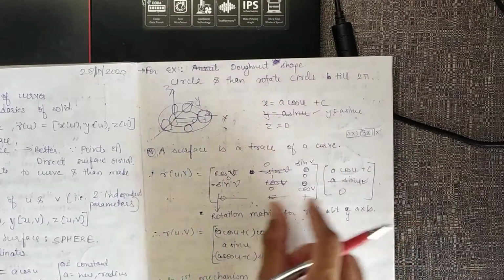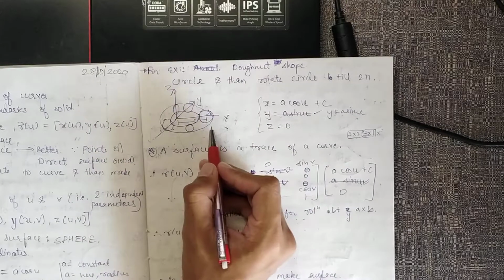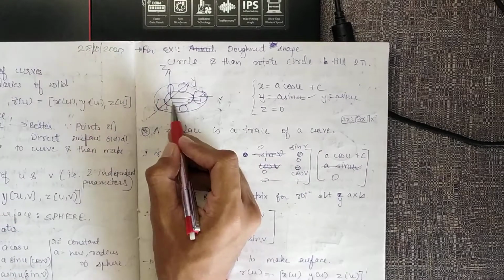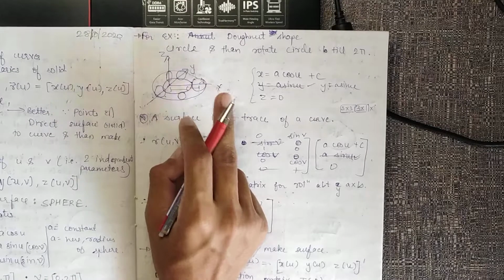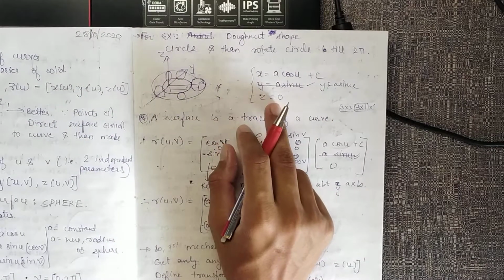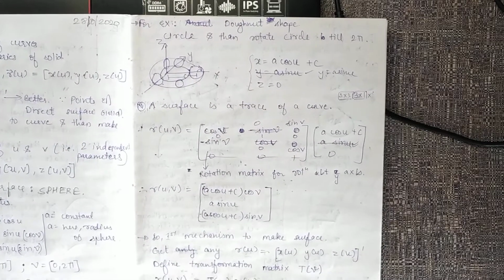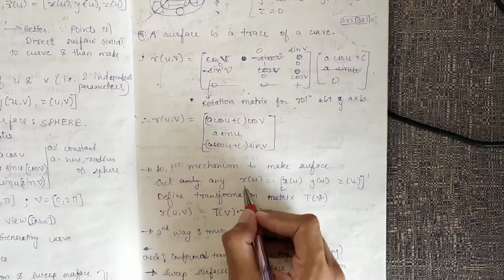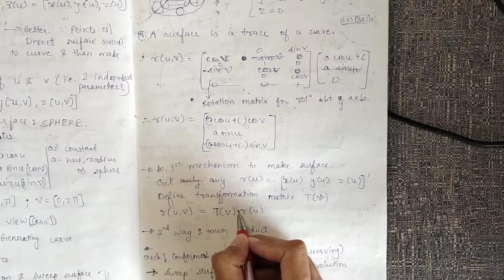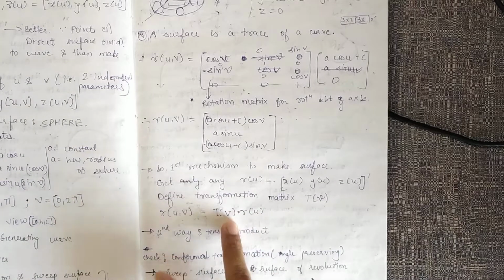So this is a simple circle on x axis at a distance of c from the origin. This is made in the xy plane, and then we apply some transformation. So this is my curve, and we do a matrix product for continuous values of u and v.